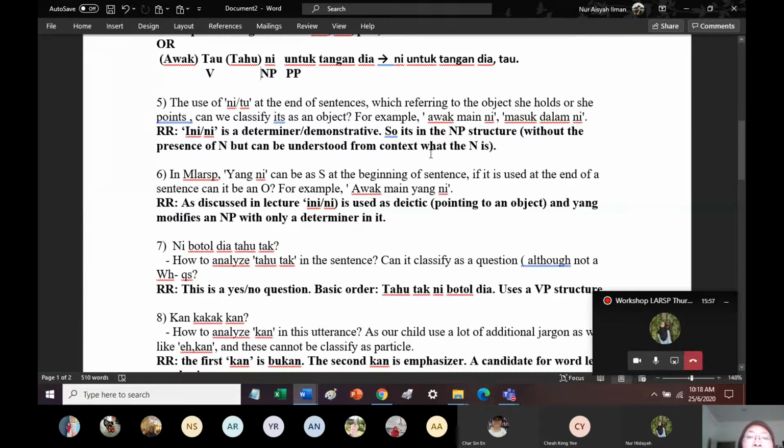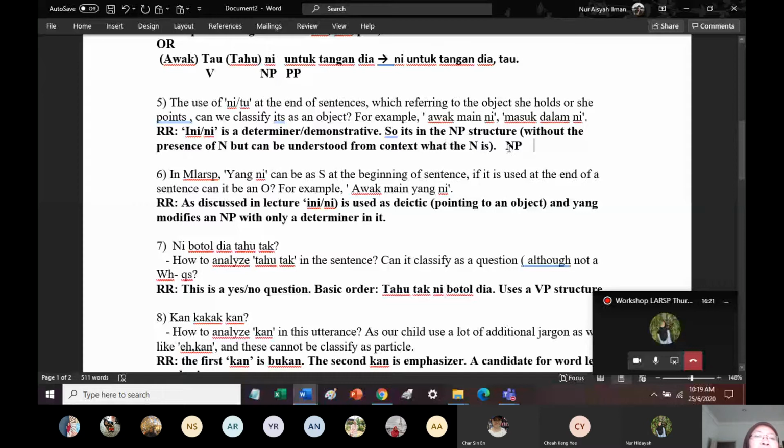Tapi kalau you nak lebih selesa, mungkin you boleh tulis apa tu. So for example, I would say katakan kalau dia noun phrase, dan noun phrase tu tak ada apa-apa. So let's see, kalau mainan ini, so awak, maybe I should put it.